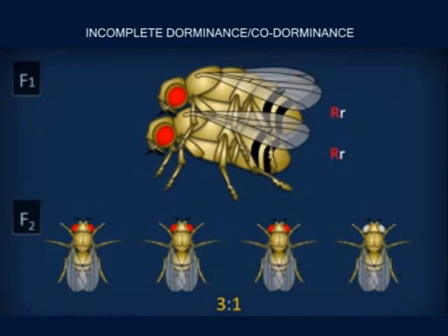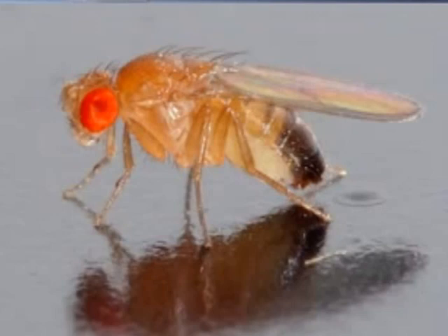It is also easily bred in the laboratory with minimum requirements. It has a short generation time, that is 10 to 14 days, and therefore many generations can be studied in a short period. The offspring can be crossed with their parents at will, and this is called back crossing. The flies are safe to handle because they do not transmit any known human disease.